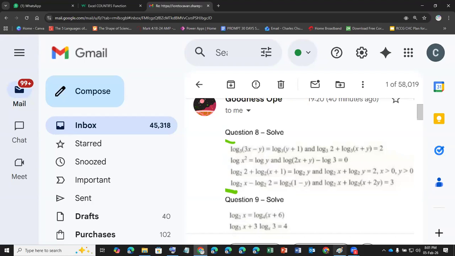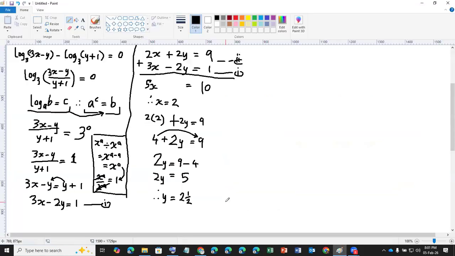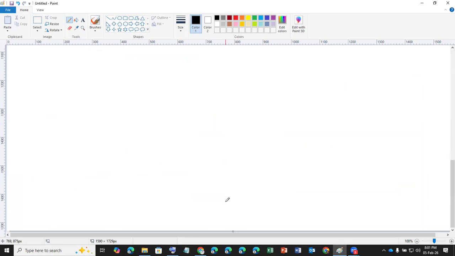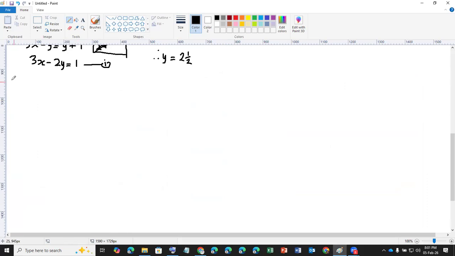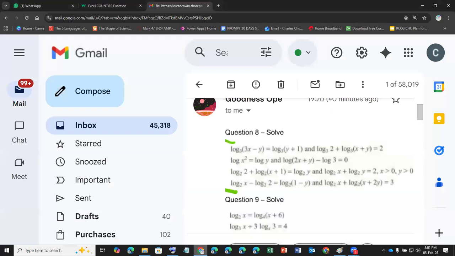So let's look at that second one. Log x squared equals six. Let me see. I hope I did not leave out something. Okay, good. I did not leave out anything.